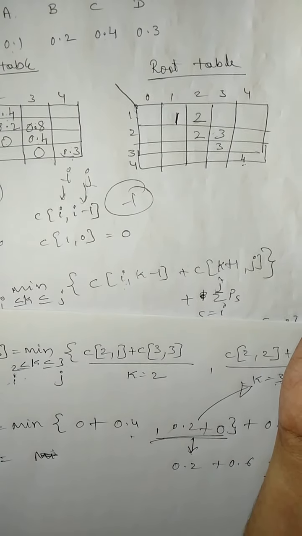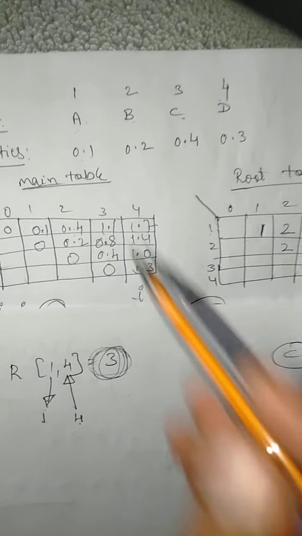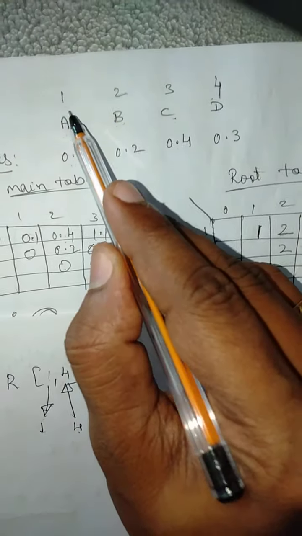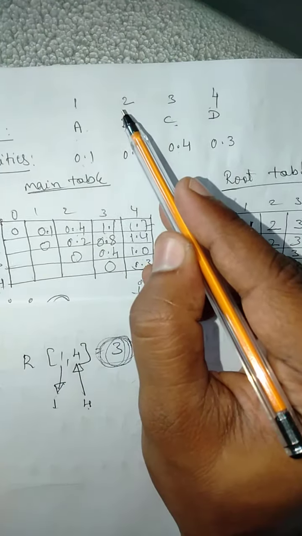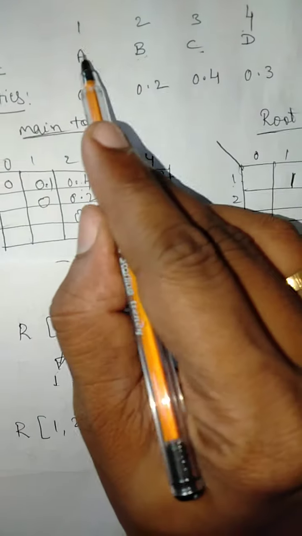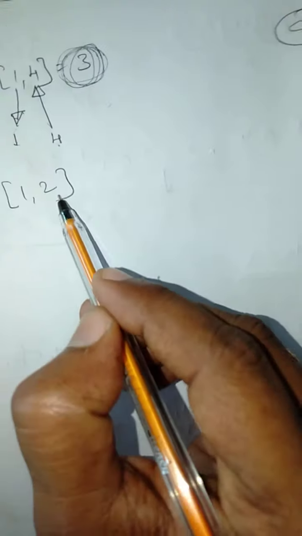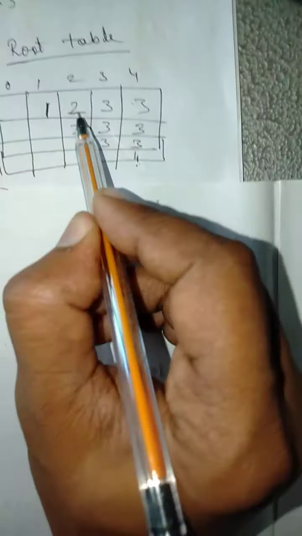Now we have two key values, that is 1 and 2, to be filled up as the left subtree of C. Out of A and B, out of 1 and 2, which has to be made as the root node? So go for root node of 1 comma 2, because we have the keys 1 to 2.